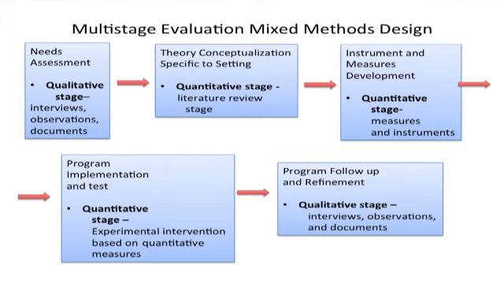An experiment could be done. Finally, there might be some follow-up to this experiment where you're looking at how the program worked and trying to refine it. And so you have a qualitative stage. So you can see there are multiple stages in this evaluation design, all focused towards understanding whether a program works, moving back and forth between quantitative stages and qualitative stages.